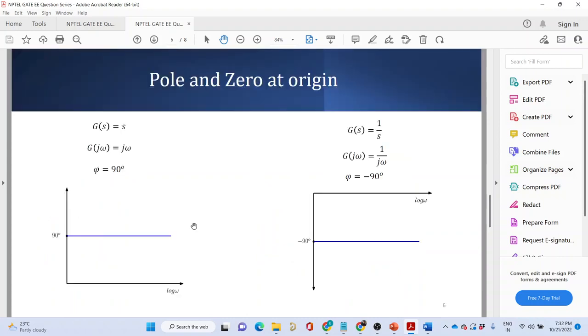Okay, so what would happen when there is a single pole or a single zero? If there is a single pole at the origin, it contributes a phase of minus 90 degree, so it will be constant at minus 90 degree. When there is a single zero at the origin, the phase will be constant at 90 degree. So these are simple.